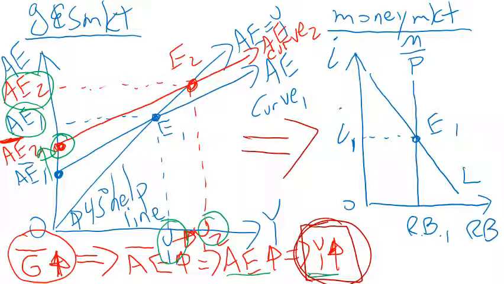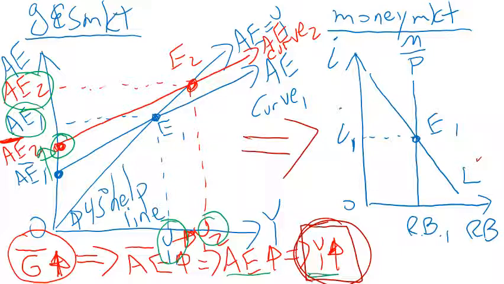Now, question: this increase in GDP, which is due to an increase in government spending, is it a supply event or is it a demand event? Well, it's a demand event. Because remember, what makes up money demand, or L?